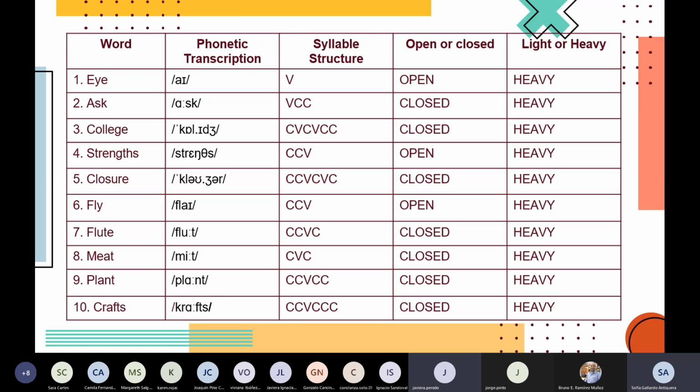Yeah, maybe that was the mistake. But yes, answering your question, Javiera, you can just take a look into the phonetic transcription to find the syllable structure and to see if it is consonant, consonant, vowel, or whatever the syllable structure is for the word. So that was right. Yes.